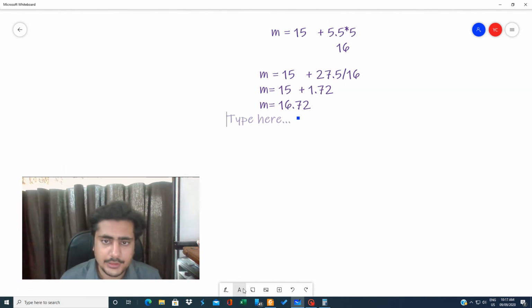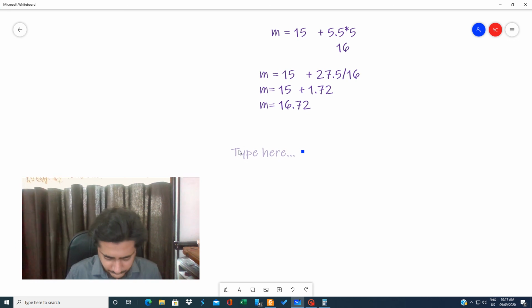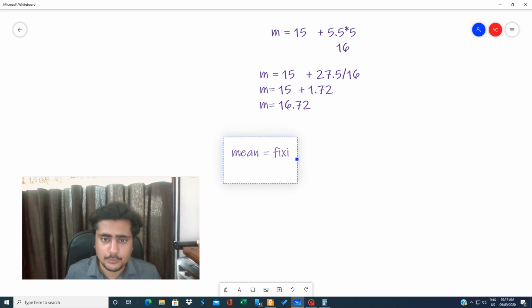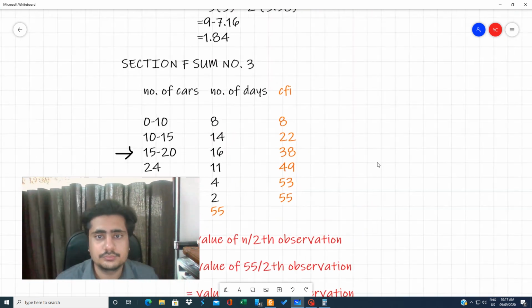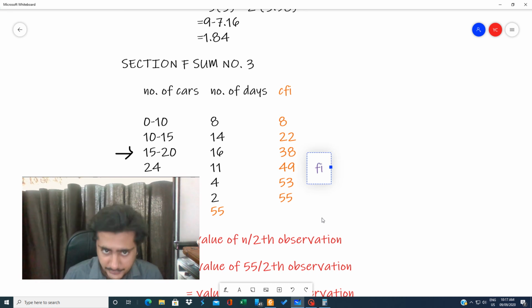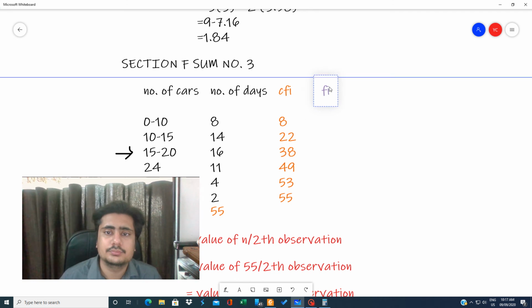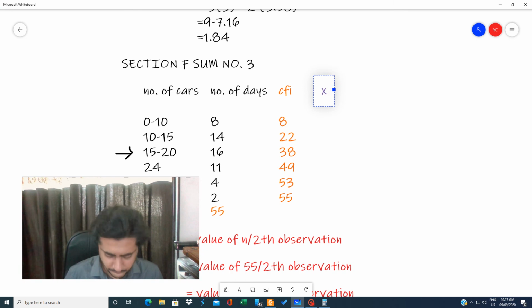Then let us find the mean. Mean is the sum of f x i upon n, that is sum of f i. Find x i now.